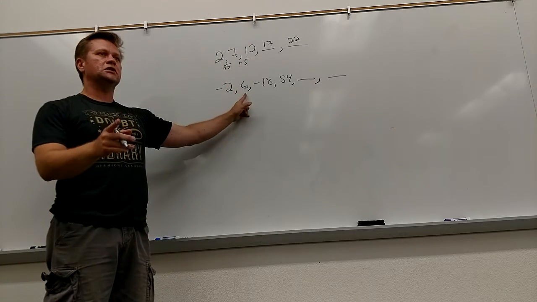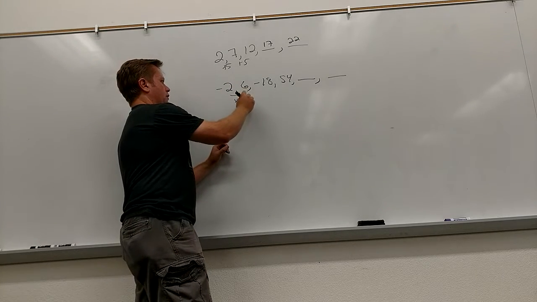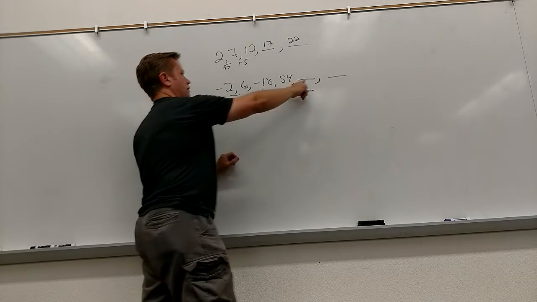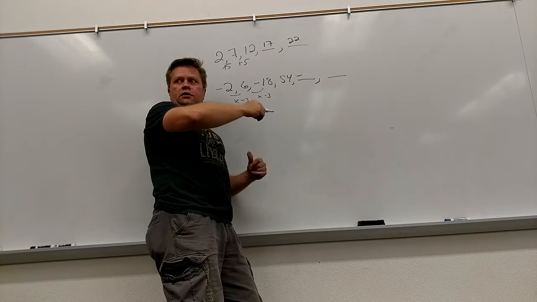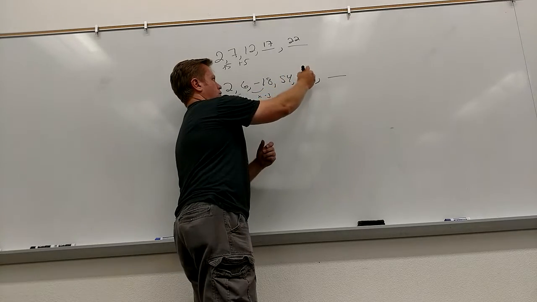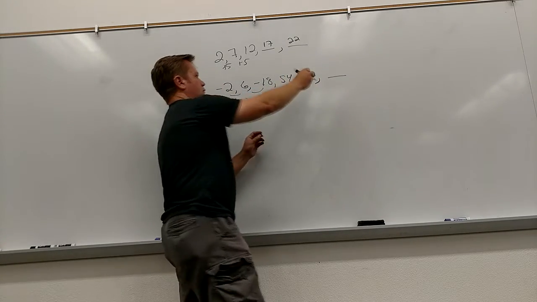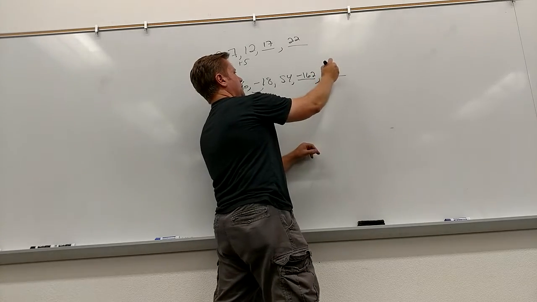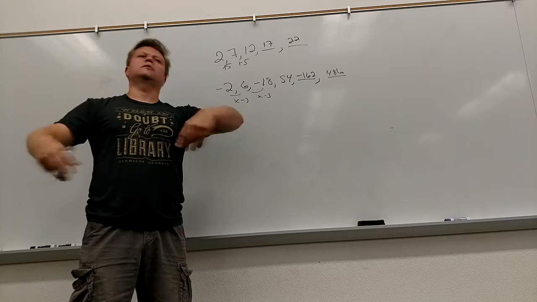This one's not addition, this is based on multiplication. So this is where I multiply by -3, multiply by -3. So the next one would be negative 54 times -3. 162, cool. And then you multiply by -3 again, and you get 486. And it could keep going forever.